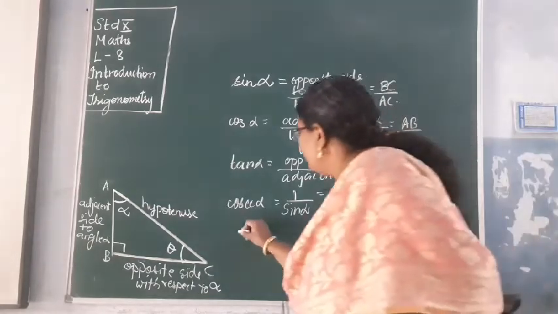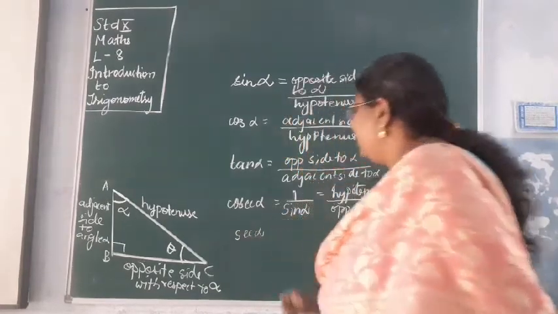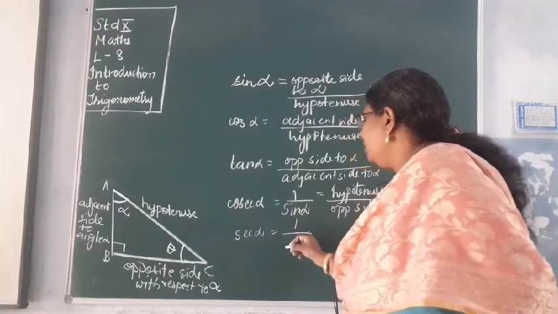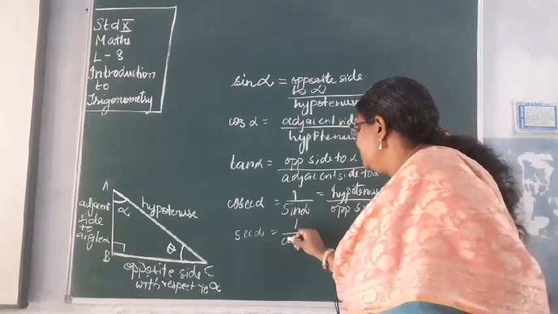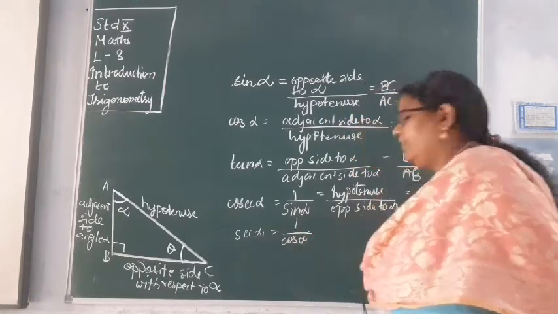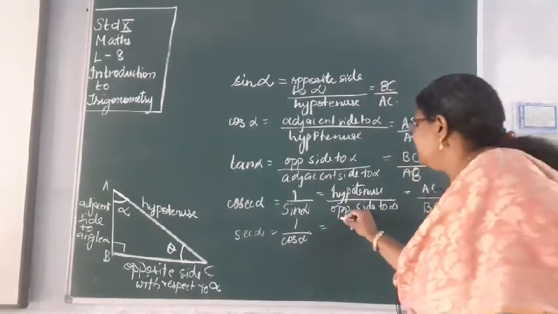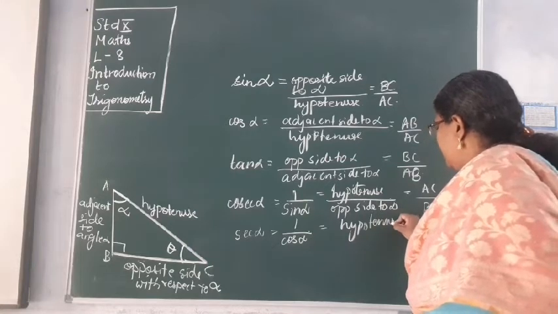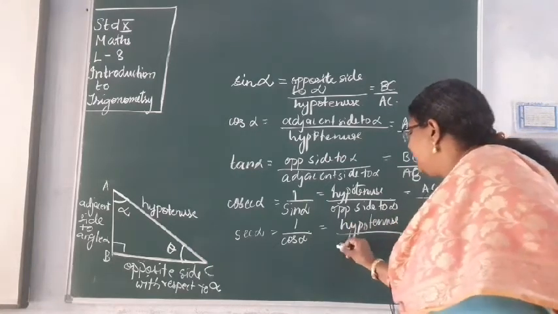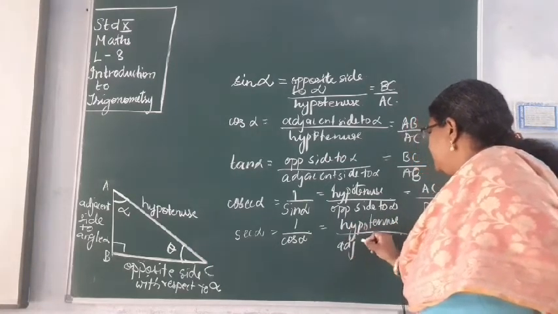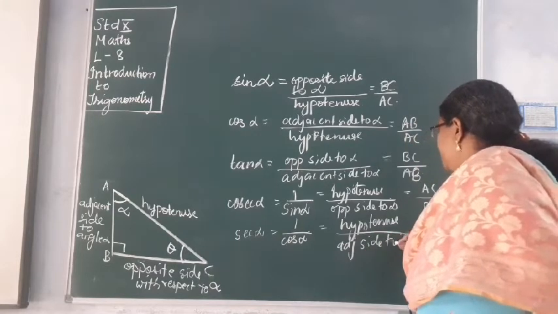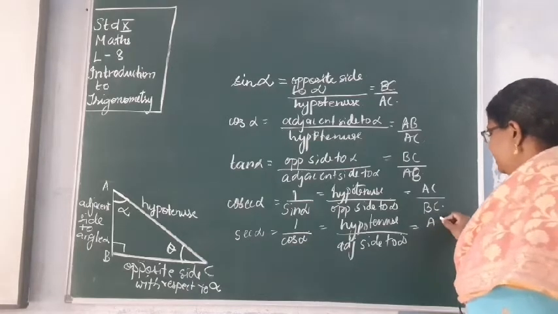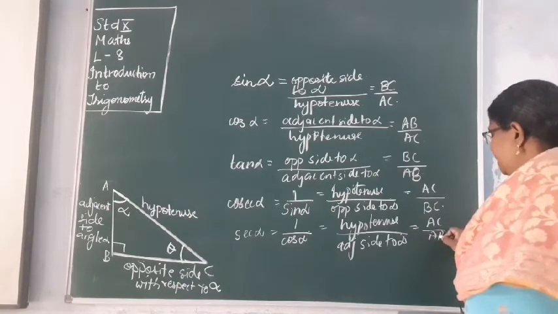Then you have sec alpha, which is the inverse of cos alpha. Again it will become hypotenuse upon adjacent side to alpha. Hypotenuse is AC and the adjacent side will be AB.